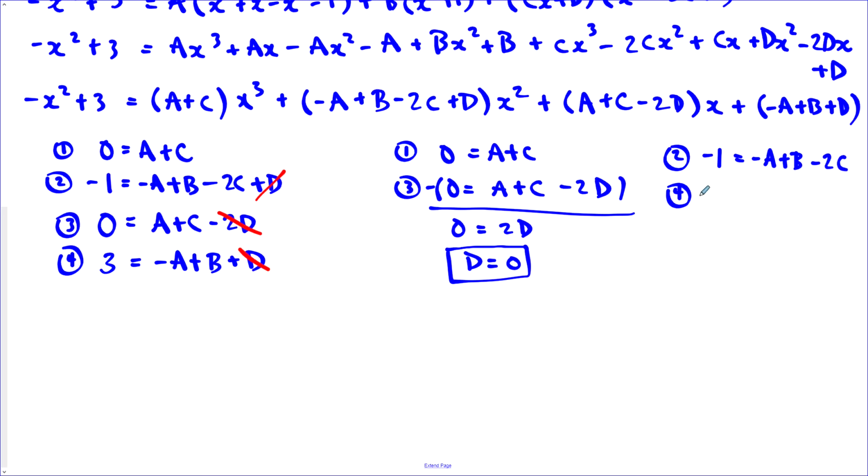Not worrying about d because it's 0. 3 equals -a plus b. Okay, and they're the same, so we will subtract this equation. So -1 minus 3 is -4. And the a's and the b's cancel, and we're just left with -2c. And that means that c is equal to 2.